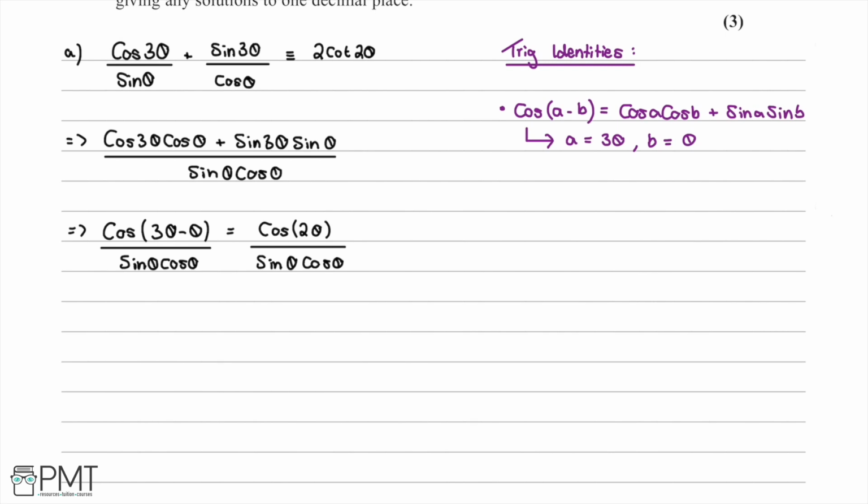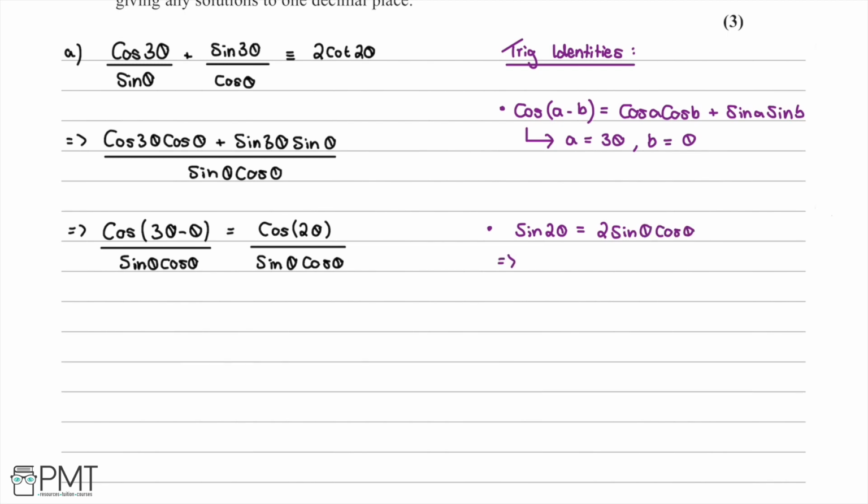So our next step is to have a look at this denominator and see if there's anything we know which will help us here. We have the double angle formula, which is sine 2 theta equals 2 sine theta cos theta.